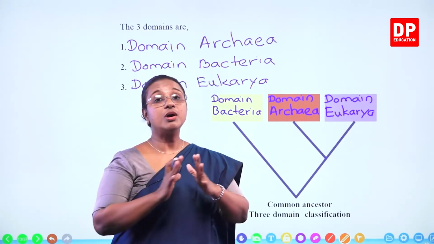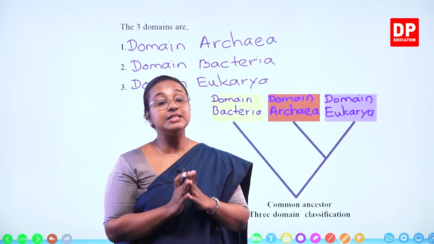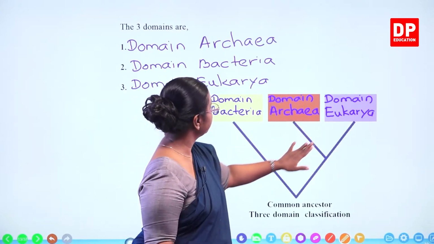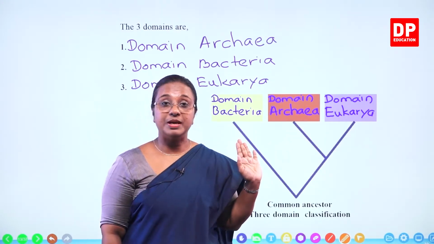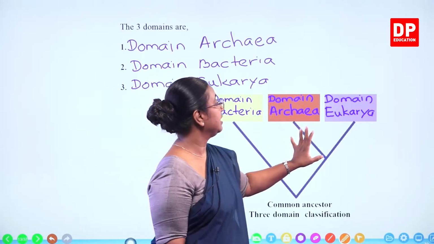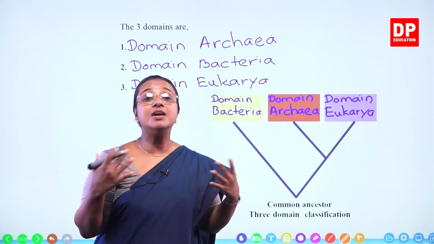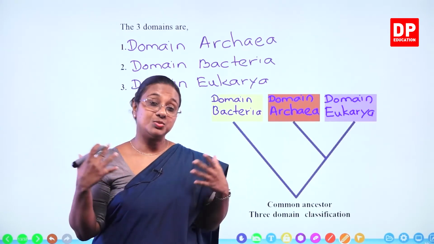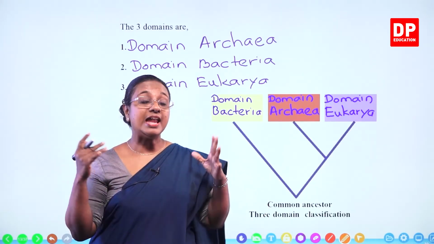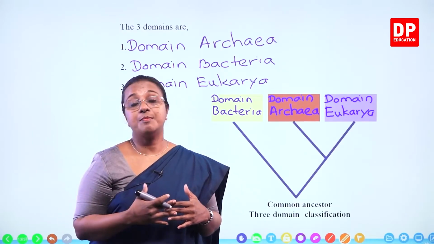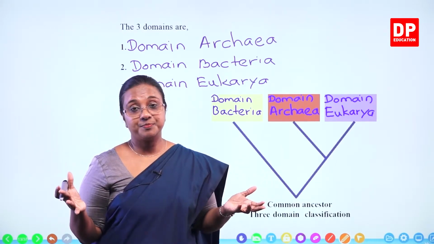And all the organisms that we have on Earth now can be classified into these three domains. And out of these three domains, Domain Eukarya has the most advanced animals and plants as well as all the organisms, and it has a very large number of species there.